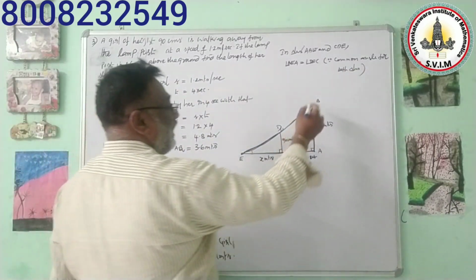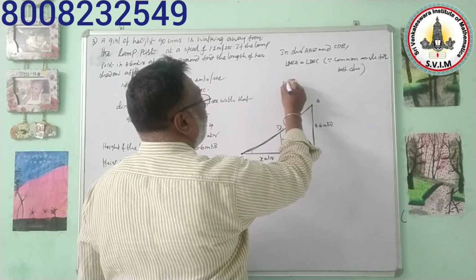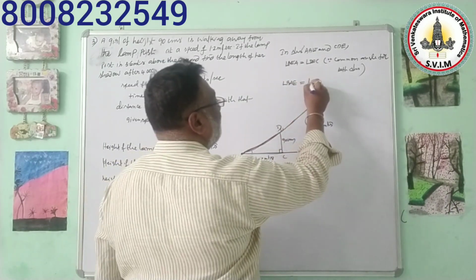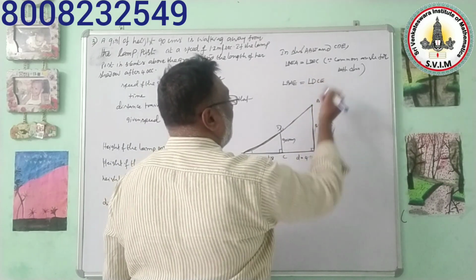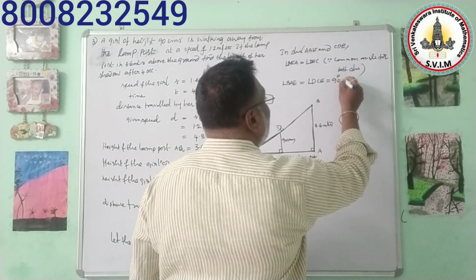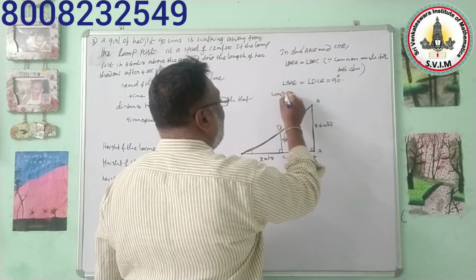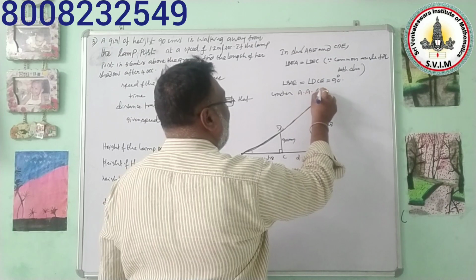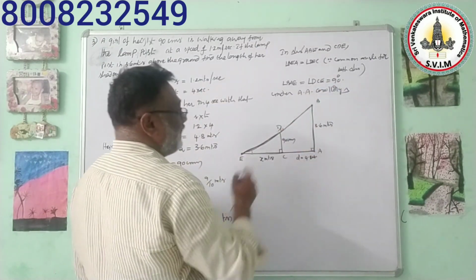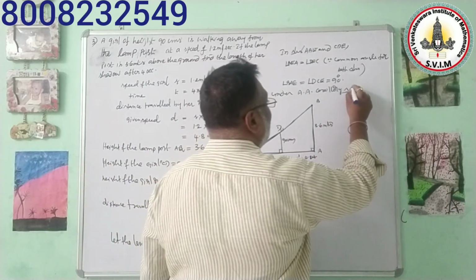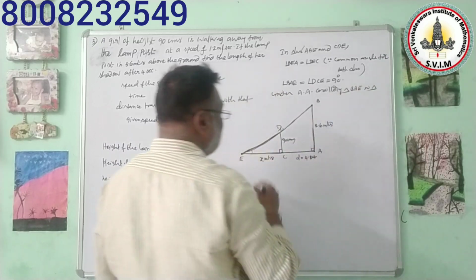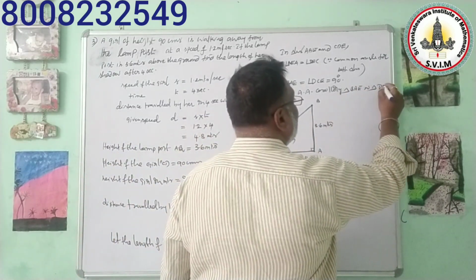Next, angle BAE is equal to angle DCE, that is equal to 90 degrees. Yes, under AAA corollary, triangle BAE is similar to triangle DCE.